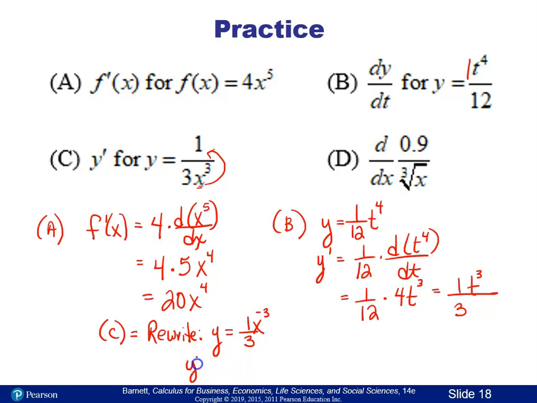Okay, so then the derivative is going to be the 1/3, and then I'm going to take the derivative of the x to the -3rd, which would be -3x to the -4. Okay, so I bring the -3 down and I decrease the power by 1. So these 3's can cancel. I'll have -1x to the -4 or -1/x to the 4th.